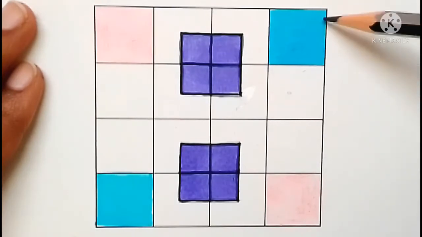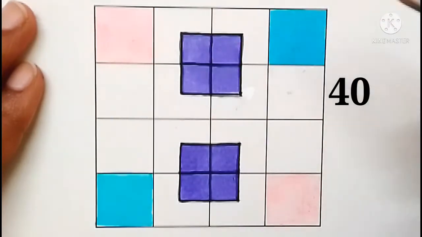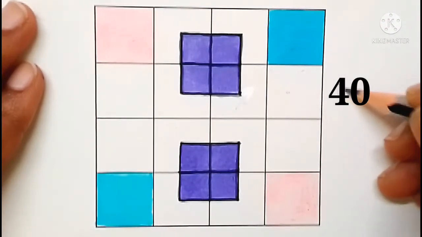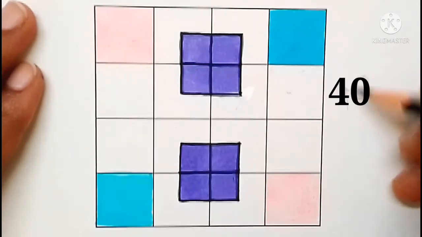So we get here 40 squares. So in total we have 40 squares.